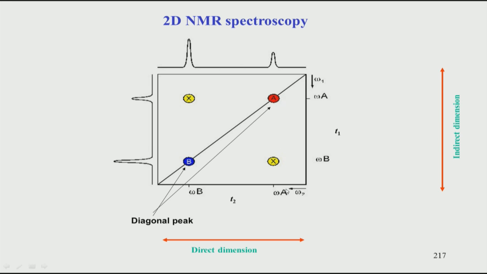Whereas this is called a cross peak, and that comes because A has been transferred to B or B has gone to A. So, you see all 4 will come because we are not discriminating or distinguishing between A and B. So, this is the concept of 2D NMR. In the next class we will continue with this and see some more details of how a 2D NMR can be analyzed.